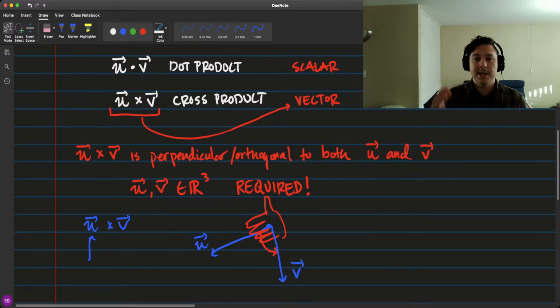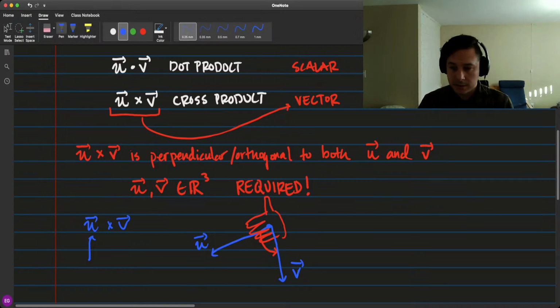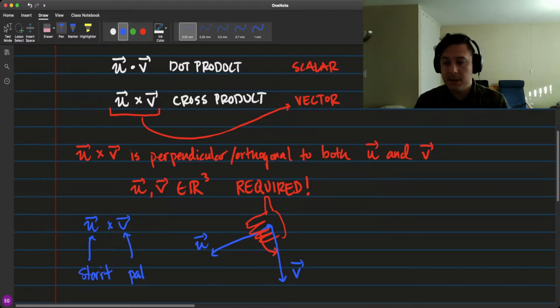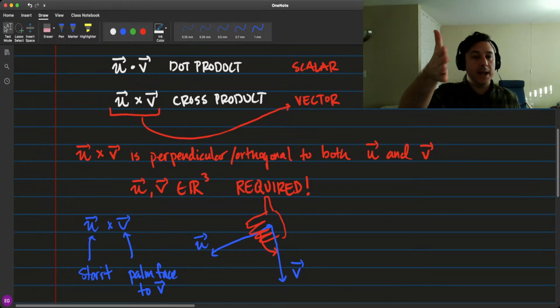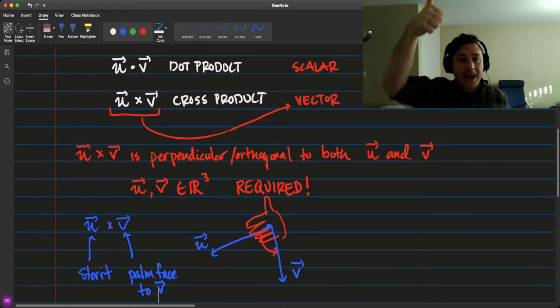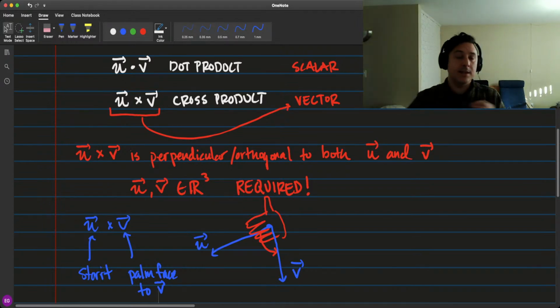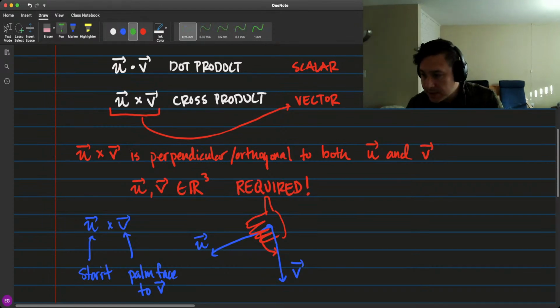Whichever way your thumb points up, that's the direction in which u cross v will be.